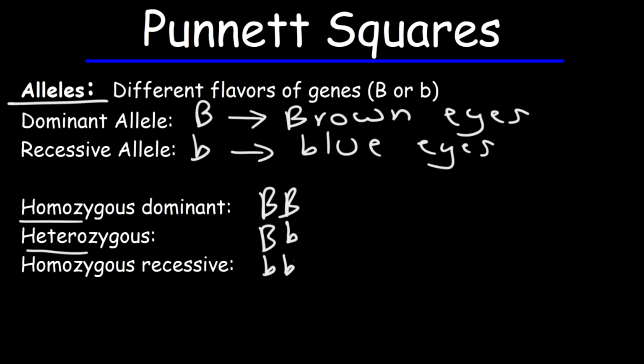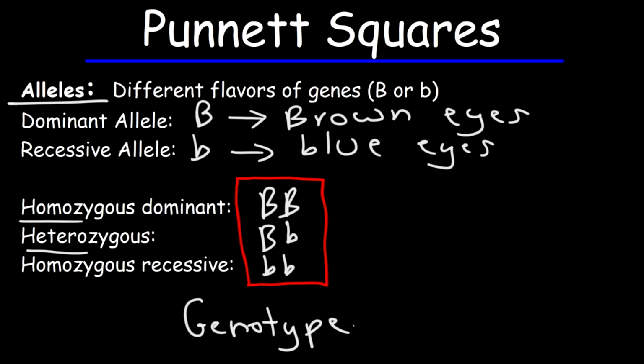So this information here is referred to as the genotype for that particular trait because it tells you the genes that correspond to a certain trait. Now the phenotype is associated with the physical characteristics that relate to those traits.